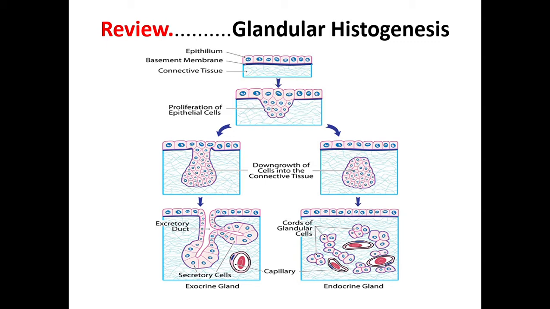So, during the second stage, the stage of maturation and differentiation, if a group of cells will form a particular structure or organ, since we have the glands, the cells are mostly epithelial cells.